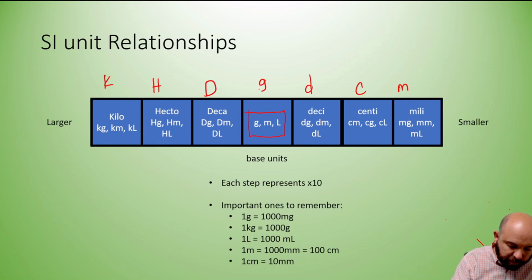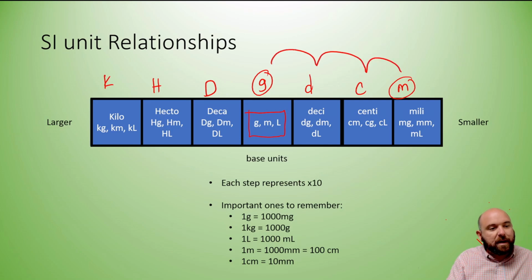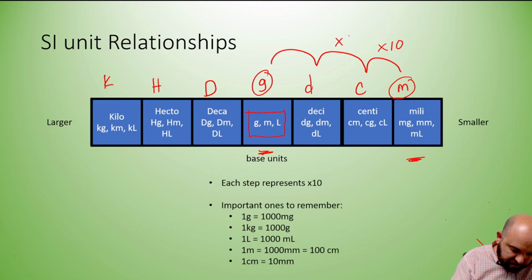If I wanted to know, for instance, how many milligrams were in 1 gram, then I would count. That is 1, 2, 3 steps away. You can see there that every step represents a multiplication by 10. So if you're moving from the bigger units to the smaller units, there would be 10 times 10 times 10, meaning there are 1,000 milligrams in 1 gram.